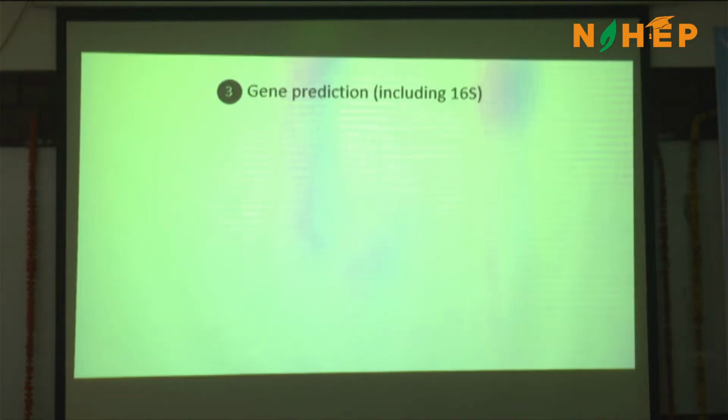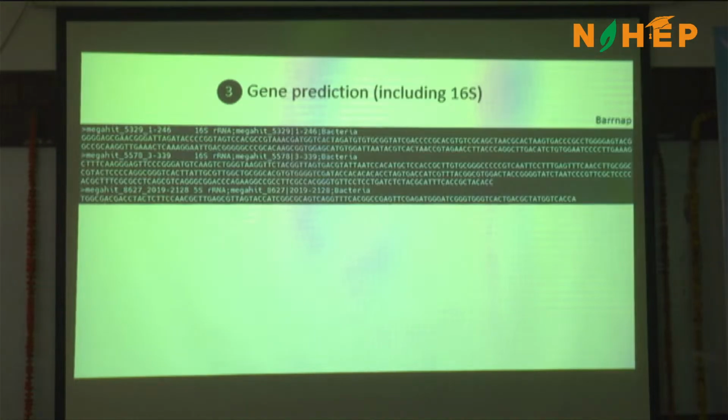And then we can continue with gene prediction. This one includes the 16S, so you're also gonna have this information. And what you get from SqueezeMeta, they use Barrnap for this, which I am sure you heard here before. I think Guillermo mentioned it. And this is a FASTA file, so it has the IDs of the contigs. In this example, they used MEGAHIT as assembler, and then the sequence of it.